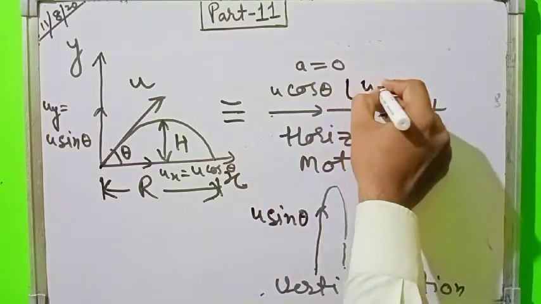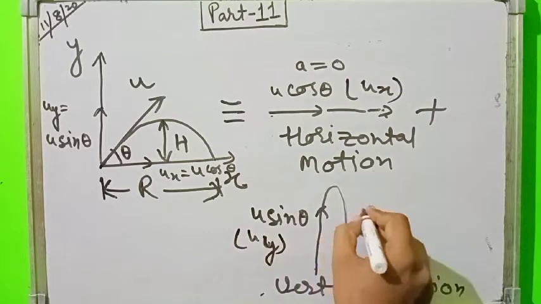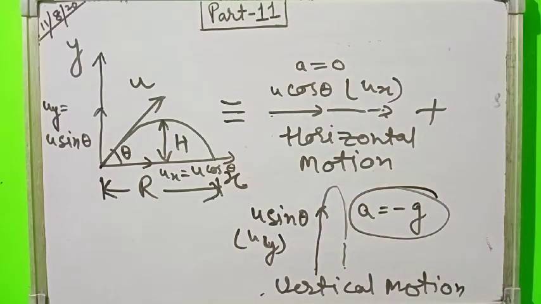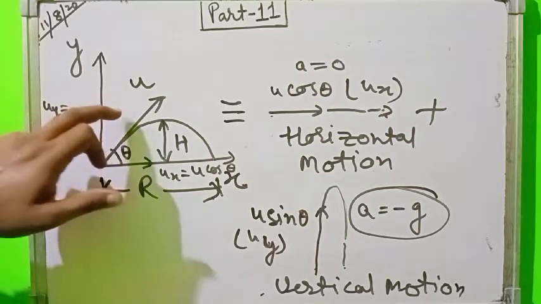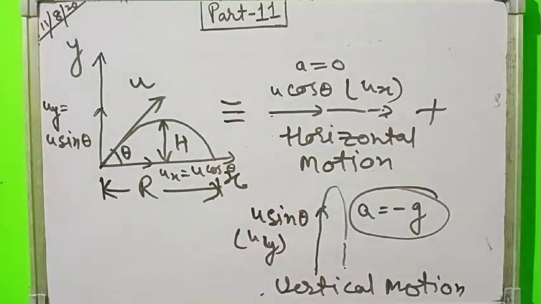This is ux and this is uy, and acceleration in this case is equal to minus g. This projectile motion can be understood as the combination of ux and uy. So this is the introduction about the projectile.